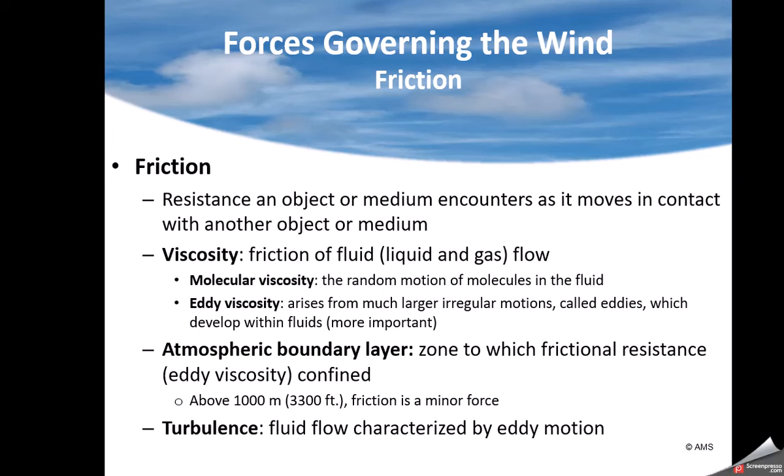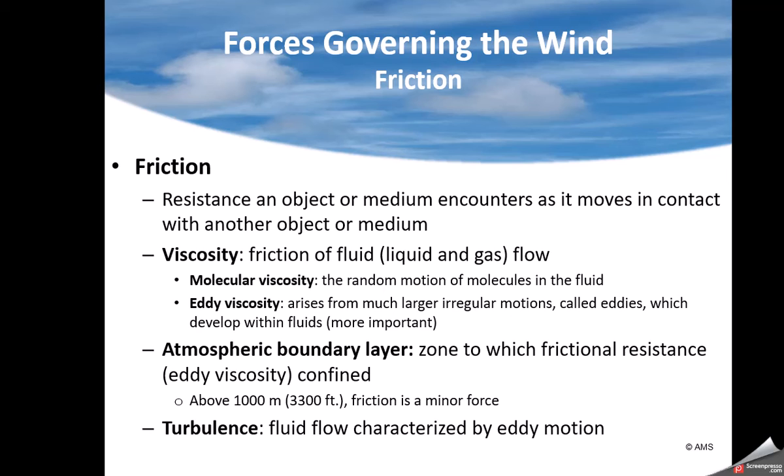Friction is another one. Friction could be the viscosity of a fluid when it's running over a surface. Say you hit the ground and a whole bunch of mountains are there. The air is not going to want to move as fast because it's got to go up and down over those mountains. It's being slowed by friction. Another thing happens with turbulence in the atmosphere. Sometimes there's eddy motion that occurs with turbulence moving across areas, or maybe from convection, which we talked about earlier.